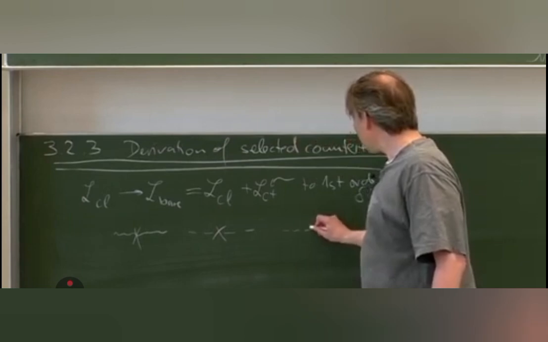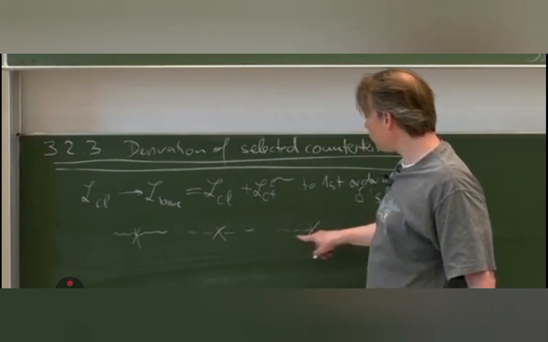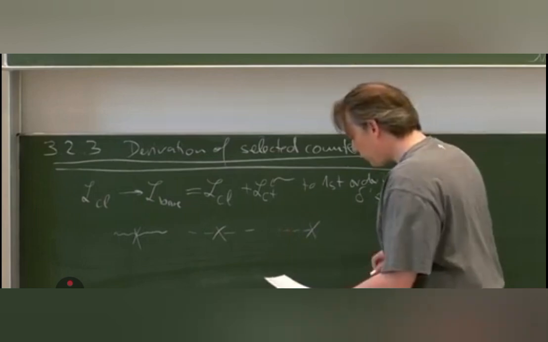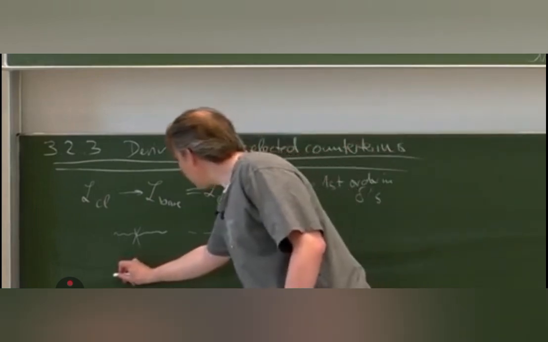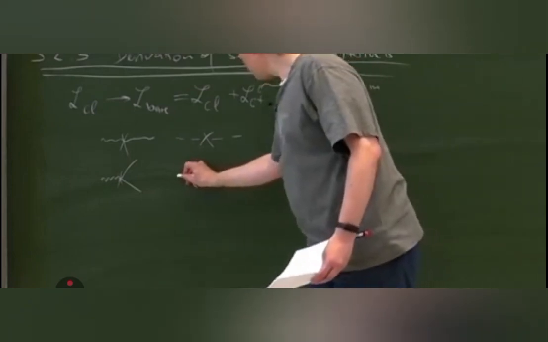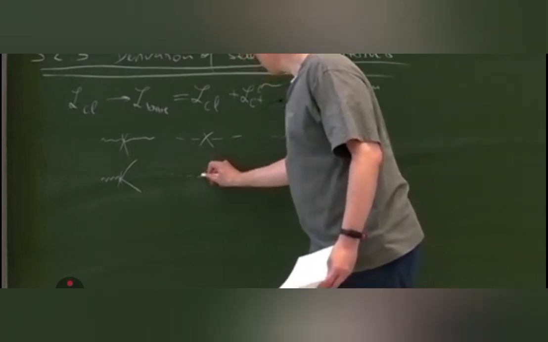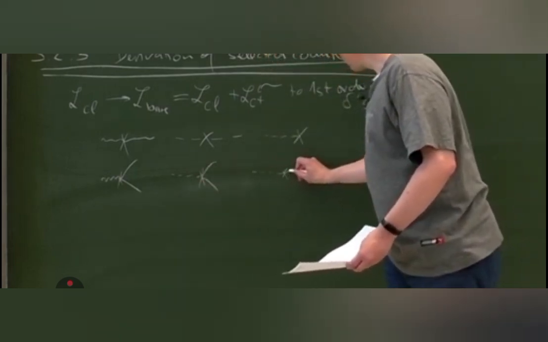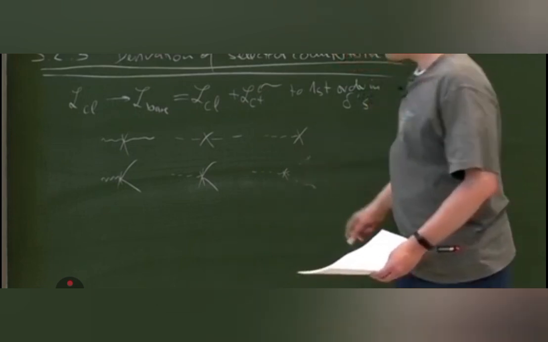There will be an interesting counter term for the tadpole, a one-point function involving the Higgs. There will be counter terms for the interactions between gauge bosons and fermions, counter terms for the interactions of the Higgs boson with fermions, and counter terms for triple Higgs interactions, and many more.